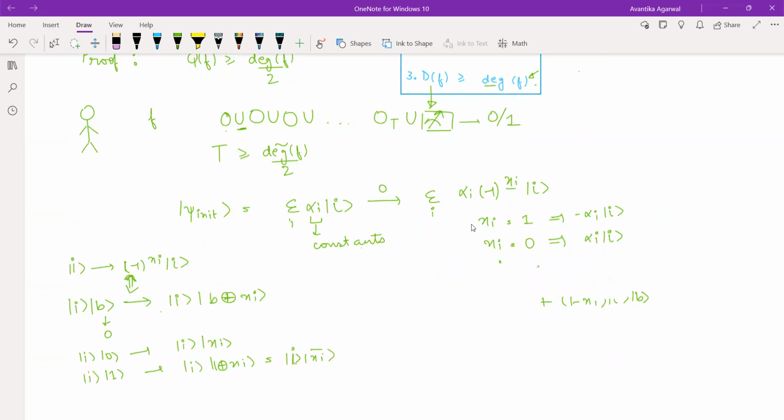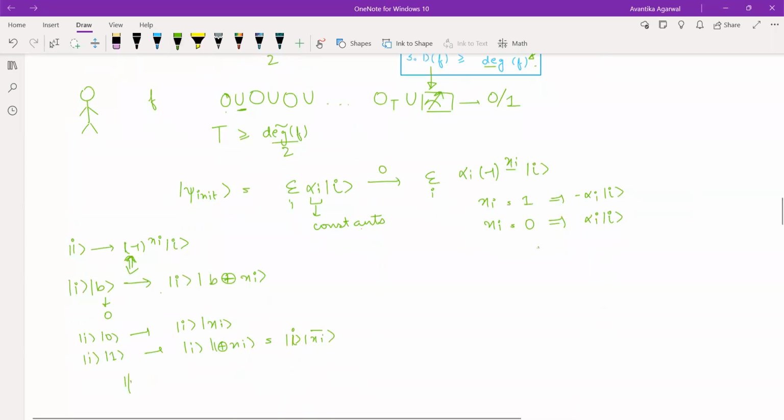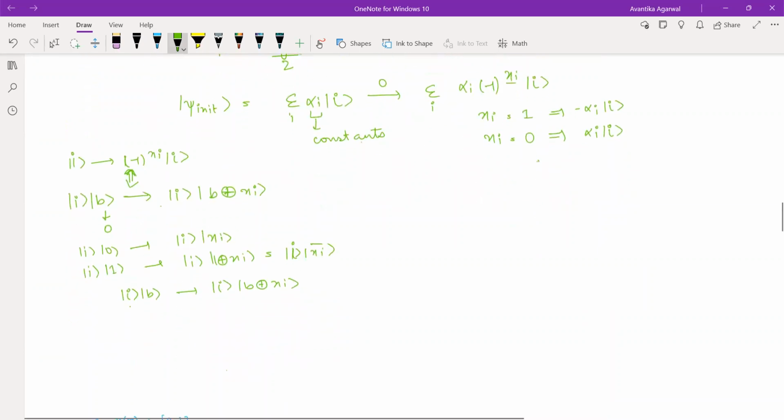In that setting, if you look at this part carefully, what I have done is, if I make this query I, B, then I would be getting I, B XOR Xi, right? And if Xi is equal to 0, then that would mean I got IB.